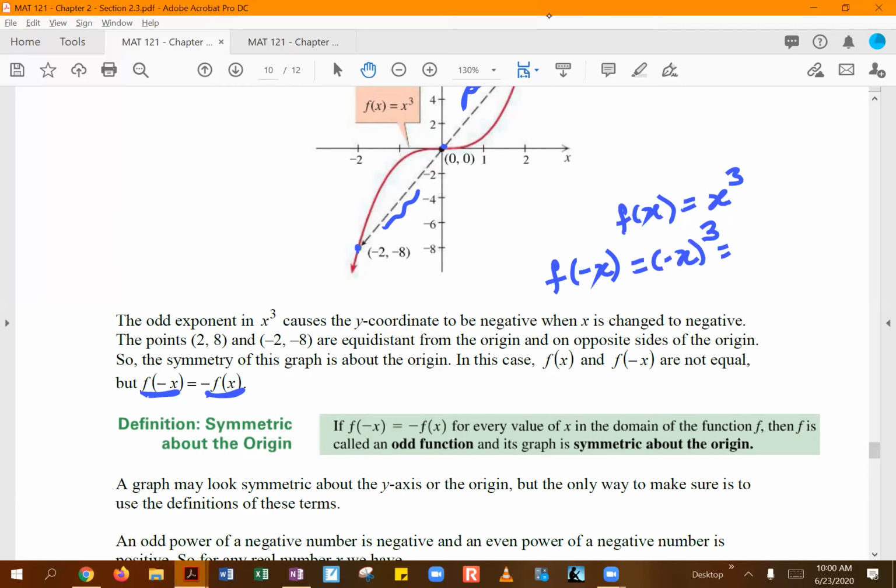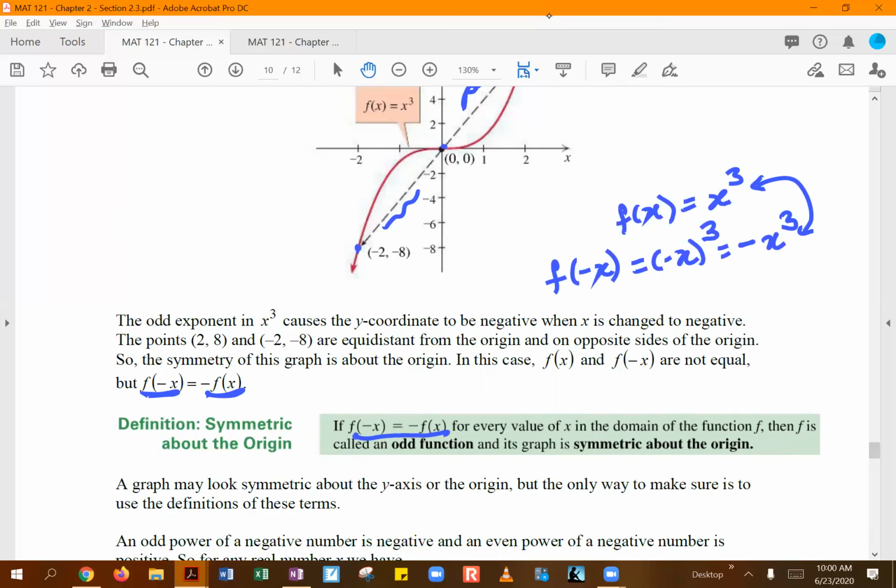So that's, of course, negative x times negative x times negative x, 3 times, right? So the two negatives will become positive, but then you'll still have a negative sign left behind. So you will end up getting negative x to the third. So as you can see, it ends up making a negative out of the original function.